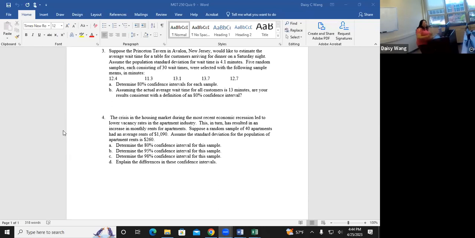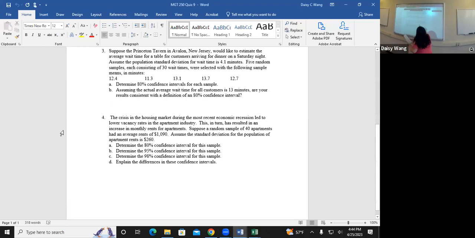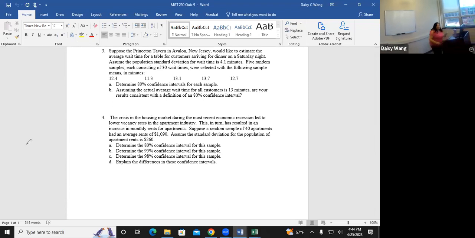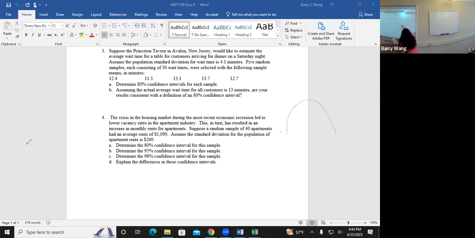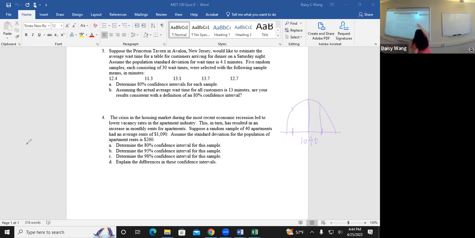So let's calculate the margin of error first. Margin of error, 80%, two sides, two tails. So basically we want to calculate the interval. This is 1090. And then we want to find this and this so that this area is 80%.